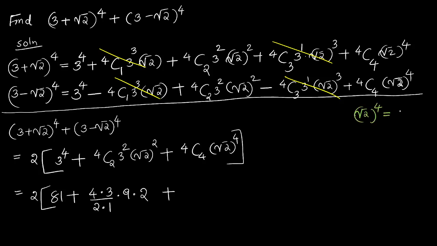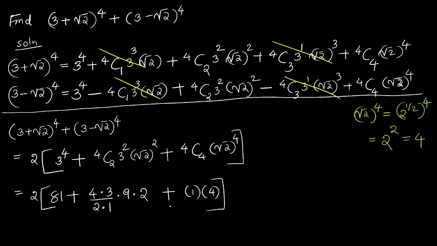Root 2 raised to 4 is 2 raised to half, raised to 4. The powers are to be multiplied, so it is 4. 4C4 is 1, you know that, because NCN is 1. Root 2 raised to 4 is 4.